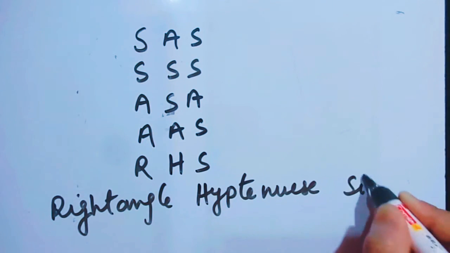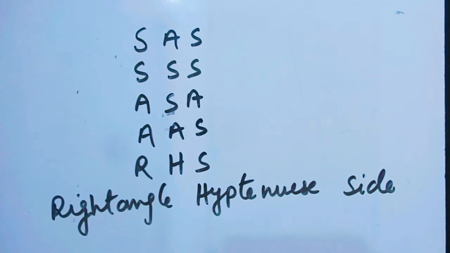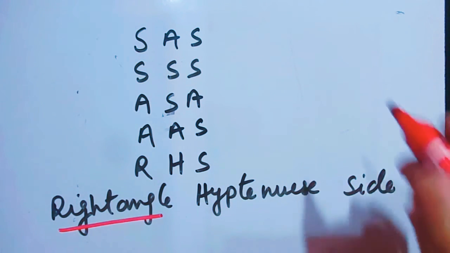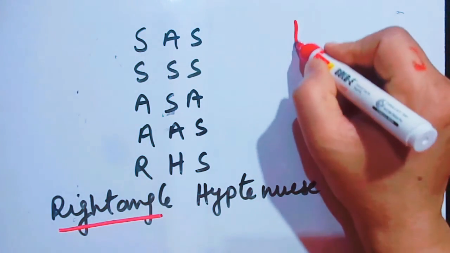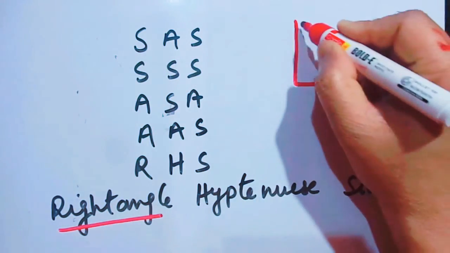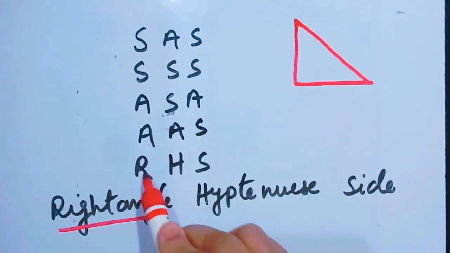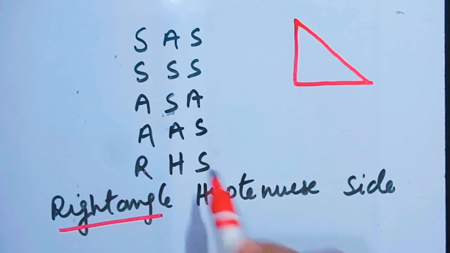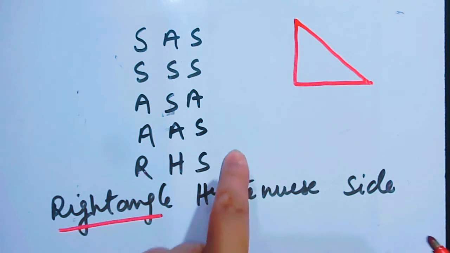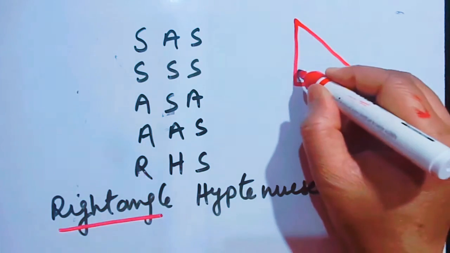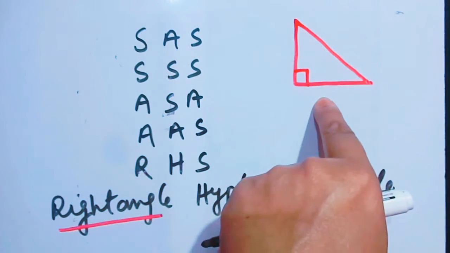Here if we are talking about right angle, naturally the triangle involved should be a right angle triangle only. So this particular RHS, right angle hypotenuse side criteria, is only applicable for a right angle triangle.